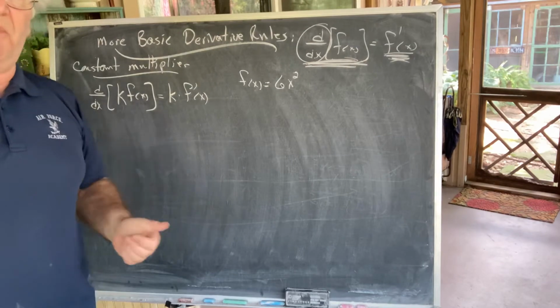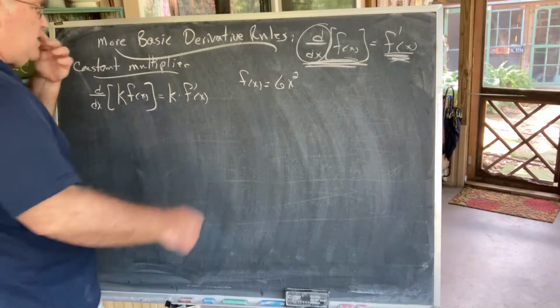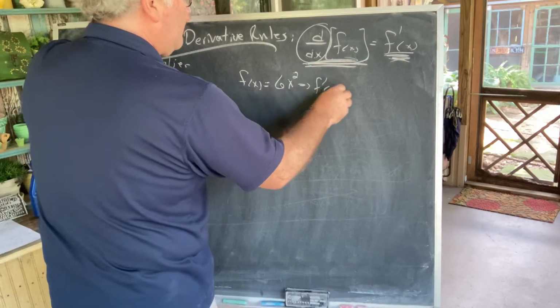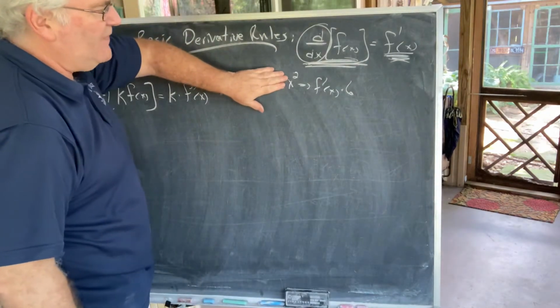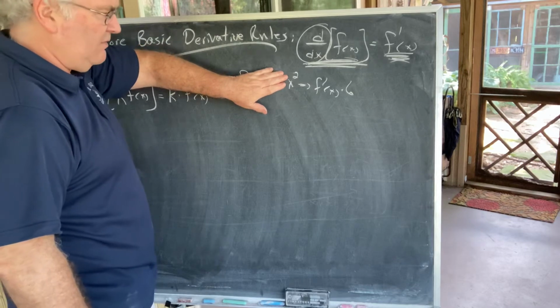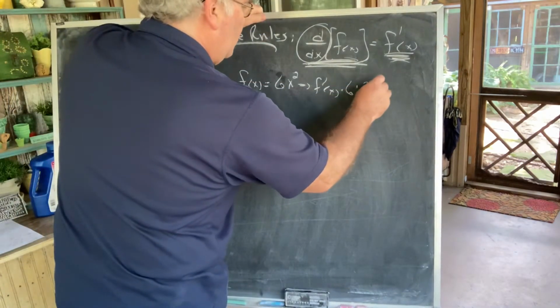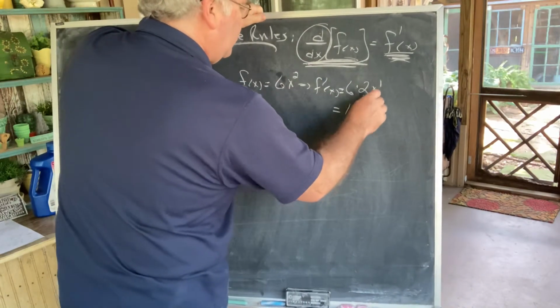So the derivative is 6 times the derivative of that as if the 6 were not present. The power rule says the derivative of that is 2x to the first, so this is 6 times 2x to the first, which simplifies to 12x to the first.